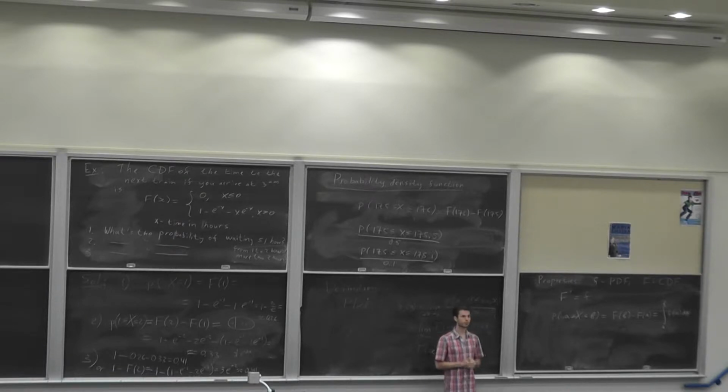Another property. What if you want to reconstruct your cumulative distribution function from the density? Well, this is the probability of X being at most x by definition. Well, what is it?